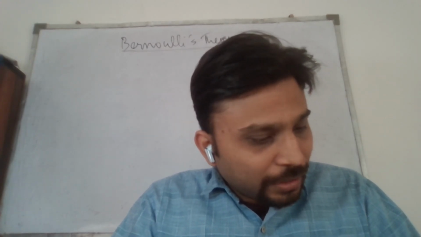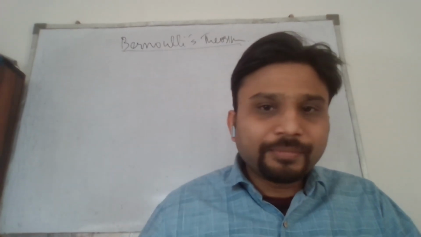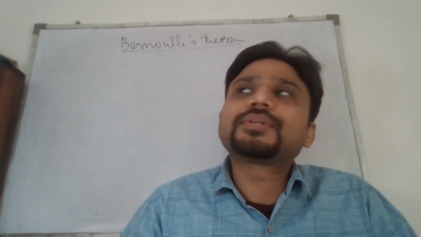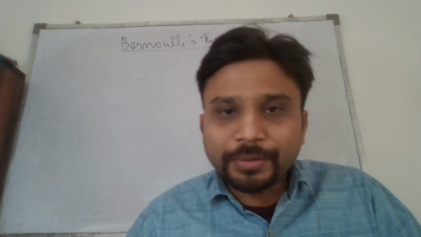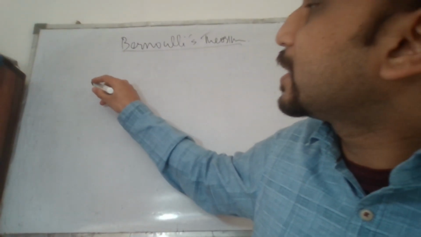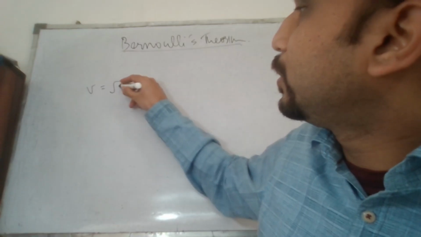Besides Bernoulli's equation, when we derive it, we also come about different equations, like the velocity of efflux. The velocity of efflux is this equation: v is equal to root 2 gy.